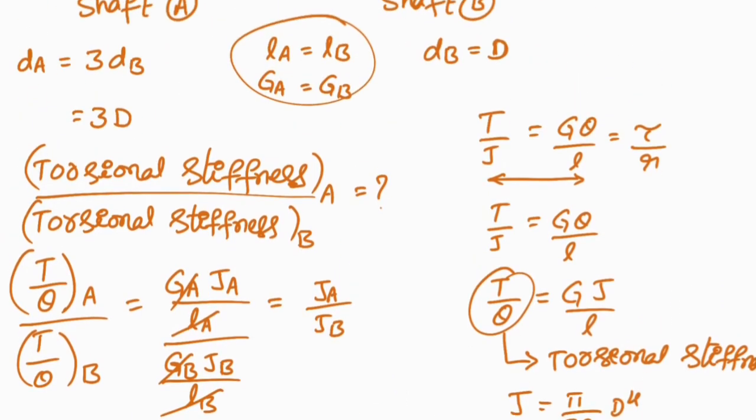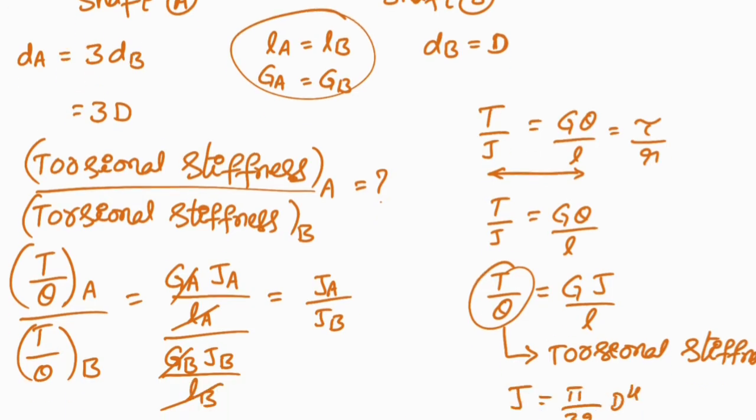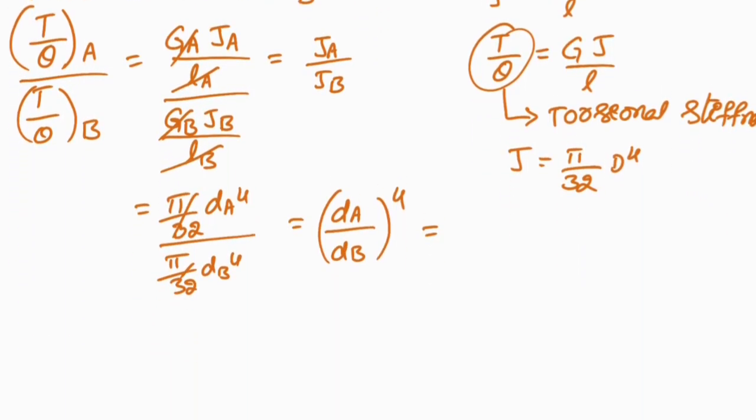But dA equals 3 dB, so 3 dB divided by dB, power 4, is equal to 3 power 4. What is 3 power 4? It equals 81. So the torsional stiffness of A divided by the torsional stiffness of B equals 81. That is the correct answer.